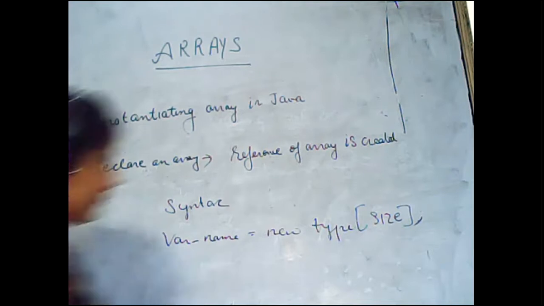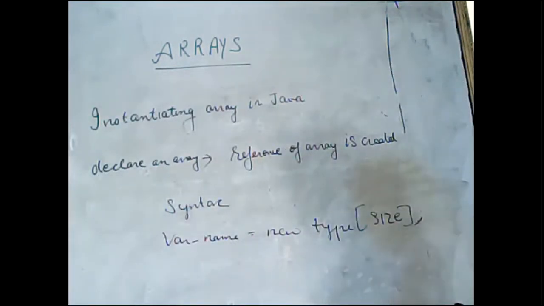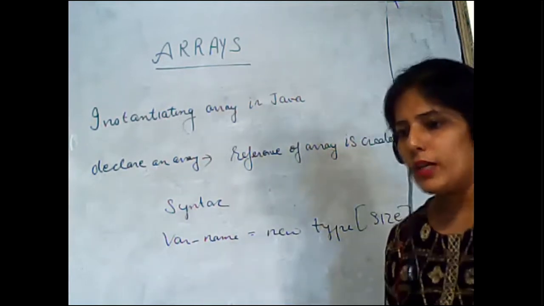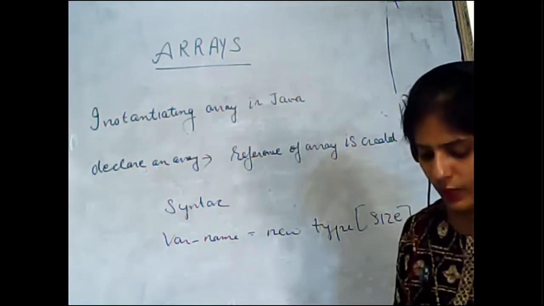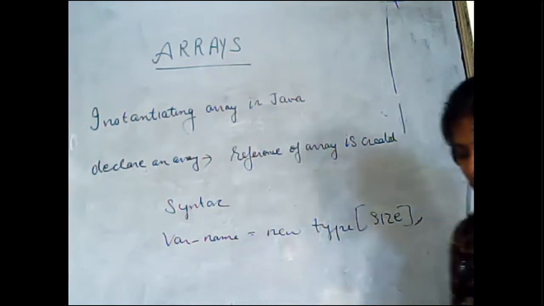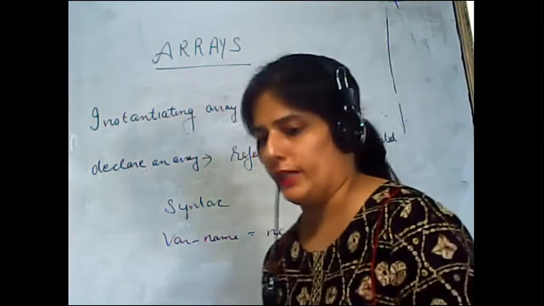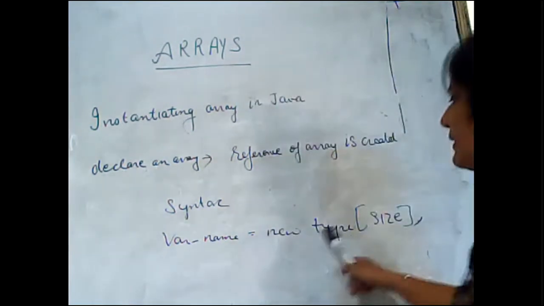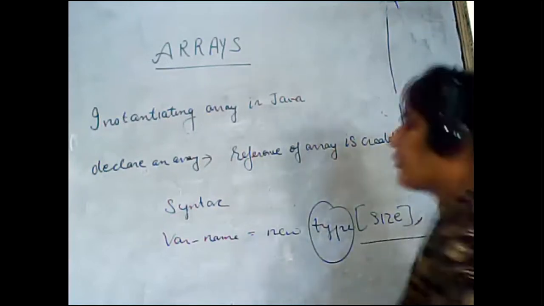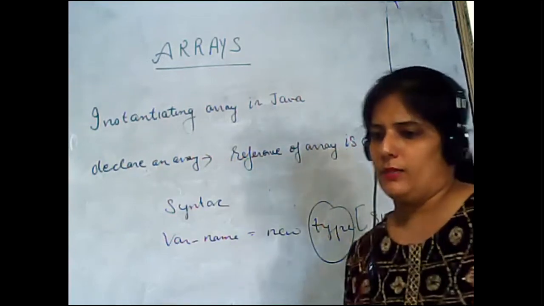Variable name is the array variable that is being linked, and new is used to allocate memory to an array. So we must specify the type and the number of elements to allocate, what type of memory we need to allocate, and the number of elements in that array.